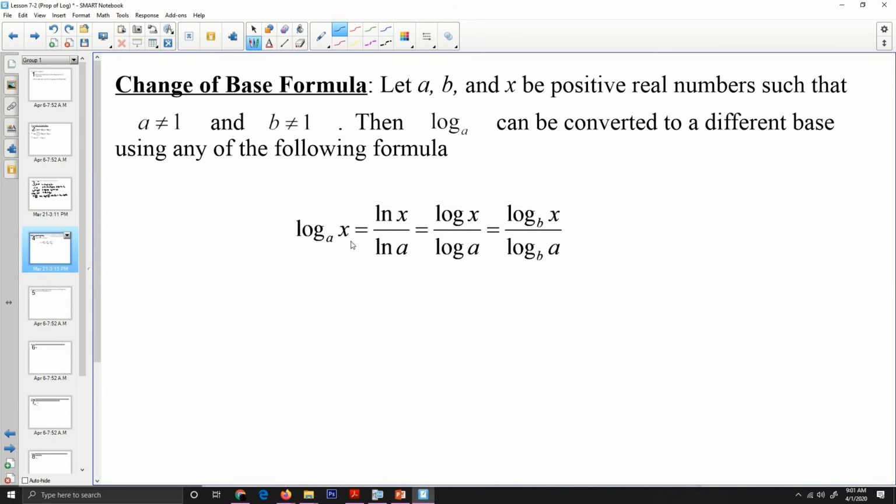Log base a of x is just ln of x over ln of a. It could be log of x over log of a, or it could be any other known logarithm. You're really only going to use these two, but this is a true statement as long as you know what log base c is.